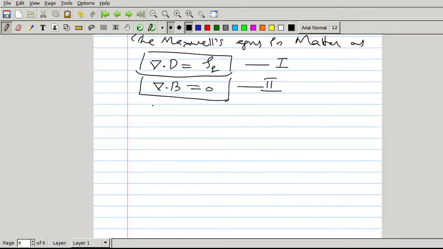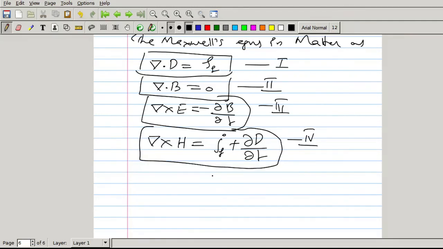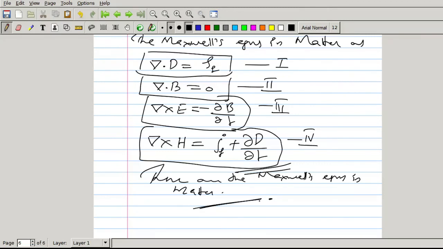Now the third equation is del cross E is equal to minus dou B by dou T. And del cross H equal to J free plus dou D by dou T. So this is the fourth Maxwell equation. So these are the Maxwell's equations in matter.